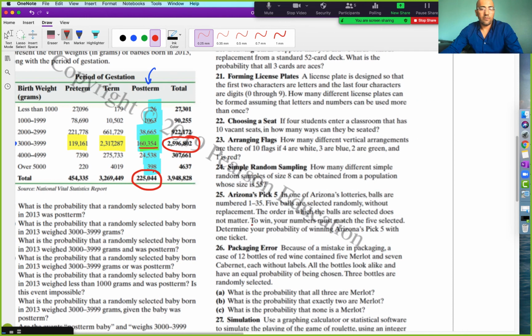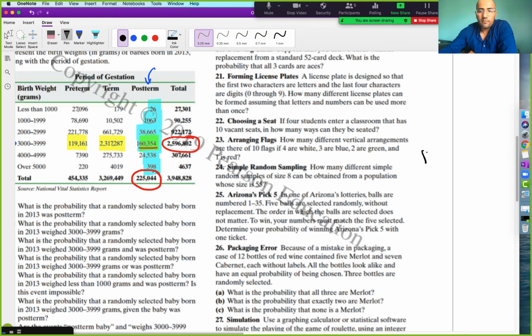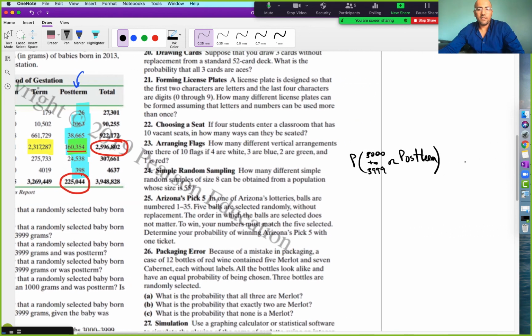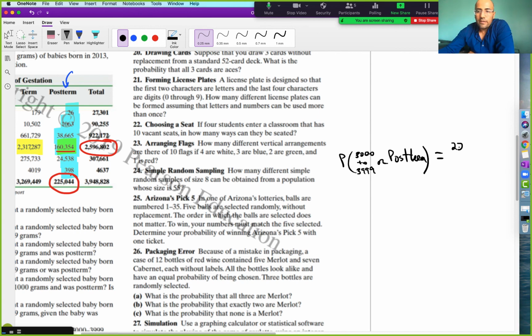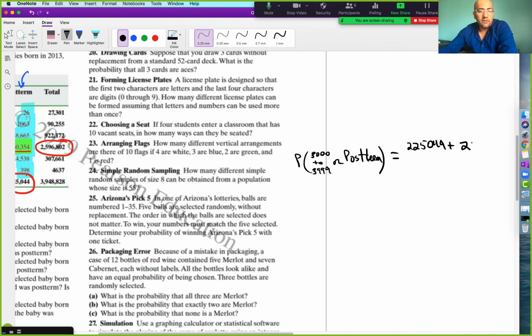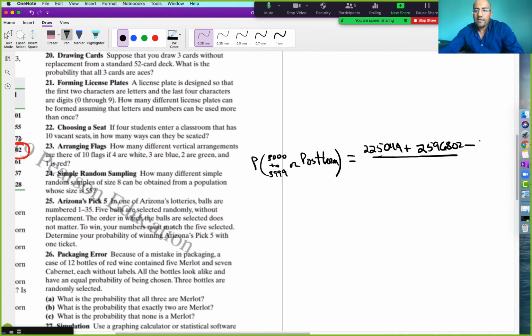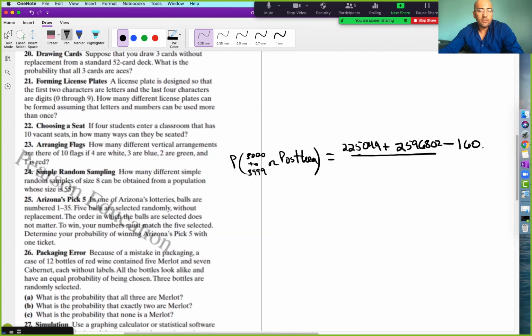Good. Okay, let me write that down. So the probability that we have 3,000 to 3,999 or post-term is going to be equal to 225,044 plus 2,596,802, minus the overlap, minus 160,354.